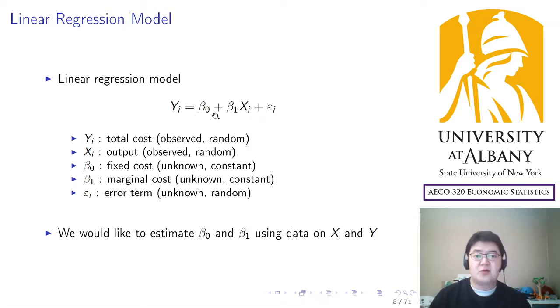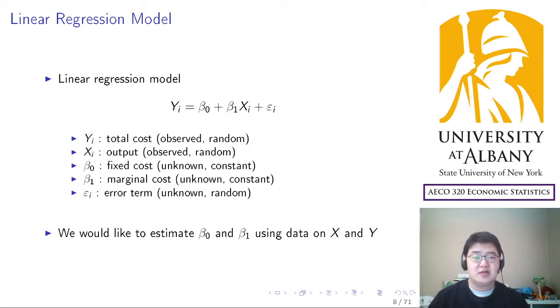Then beta 0 can be interpreted as the fixed cost. So you have to pay beta 0 no matter how much you produce the output. And beta 1 is the marginal cost, because as you produce one more unit, your cost increases by beta 1.